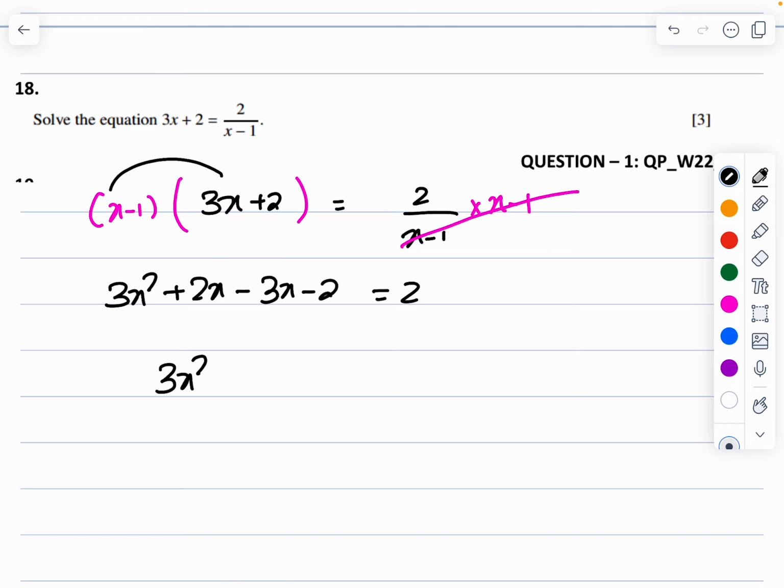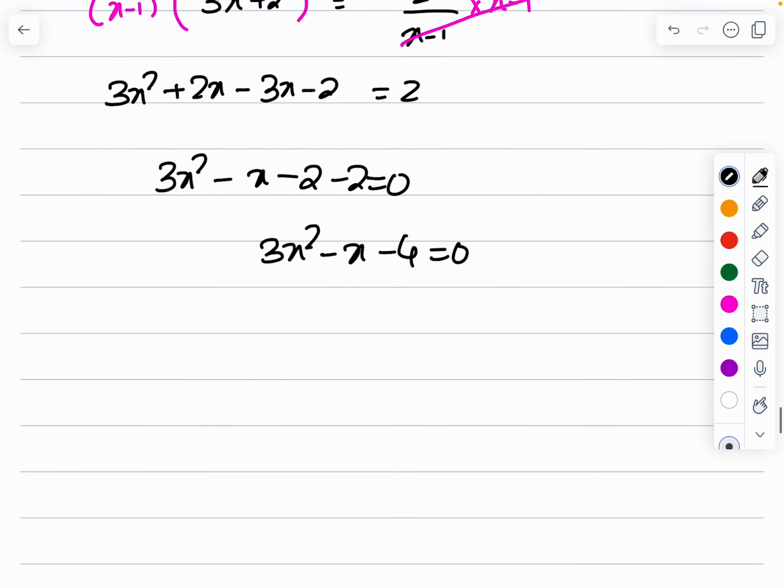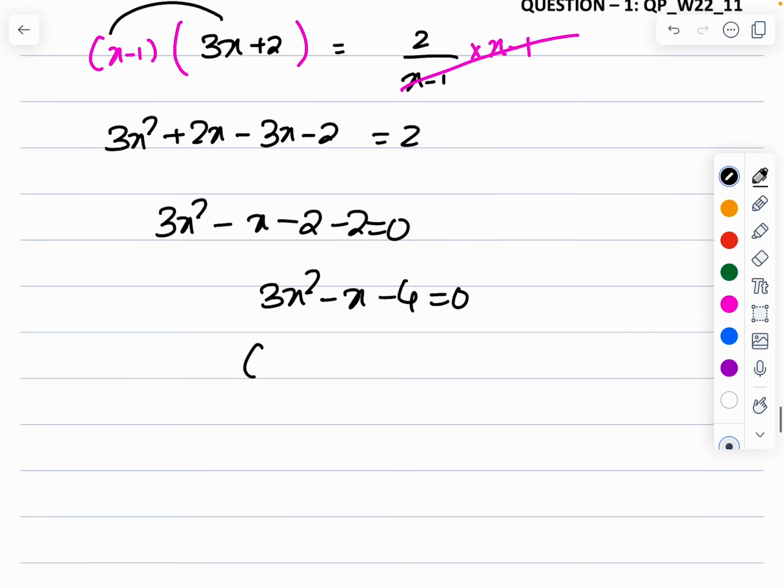So 3x square minus x minus 2 equals 0. So it becomes 3x square minus x minus 4 equals 0. Factorize it out. It becomes 3x minus 4 times x plus 1 equals 0. So x equals either 4 upon 3 or x equals negative 1.